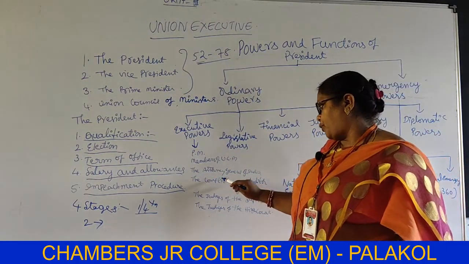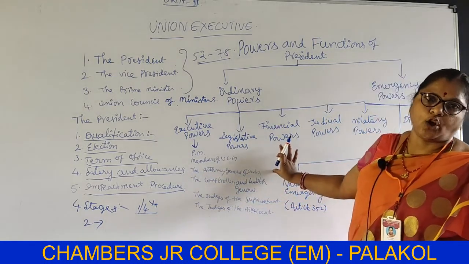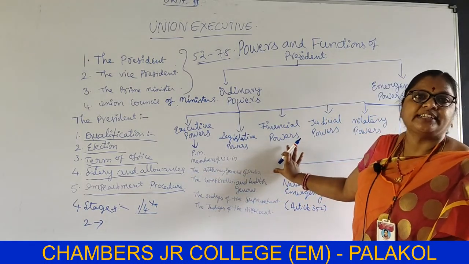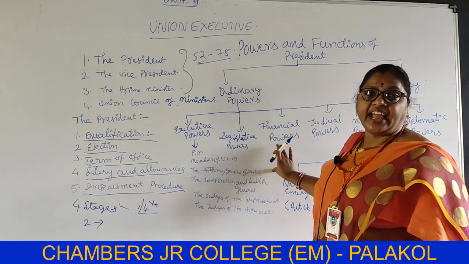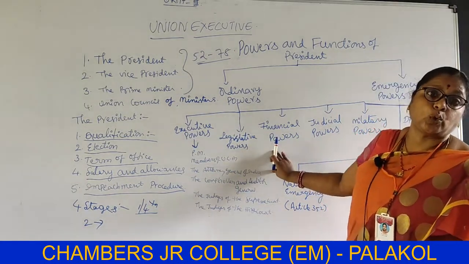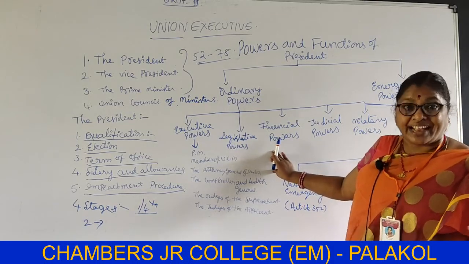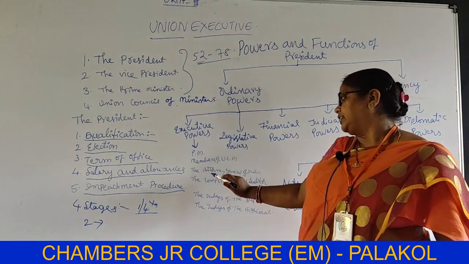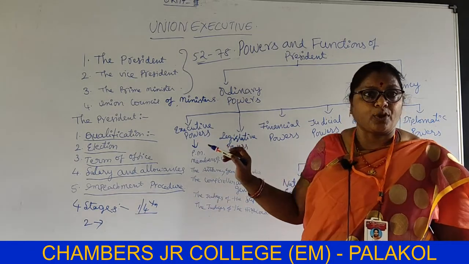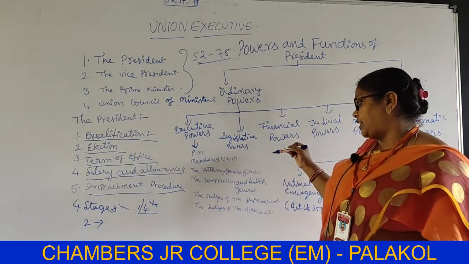Next, he appoints the Attorney General of India. Attorney General of India means the one who looks after the budget, financial matters of the country. So he appoints the Attorney General of India.